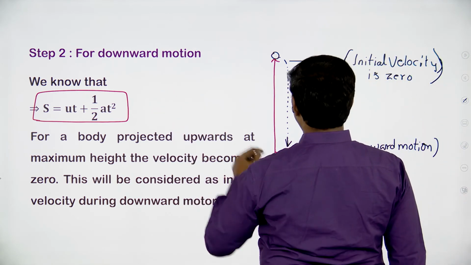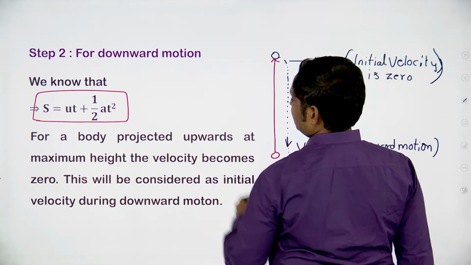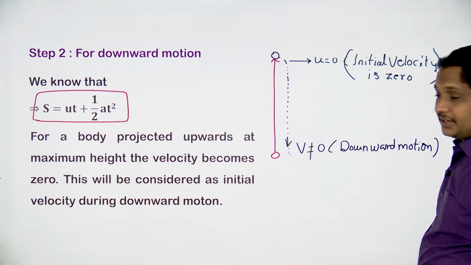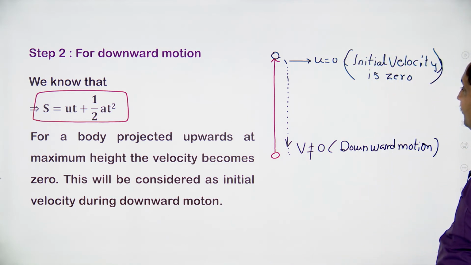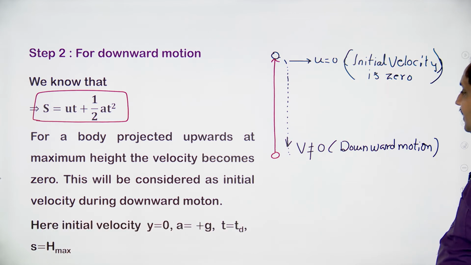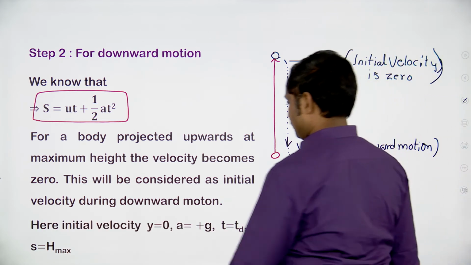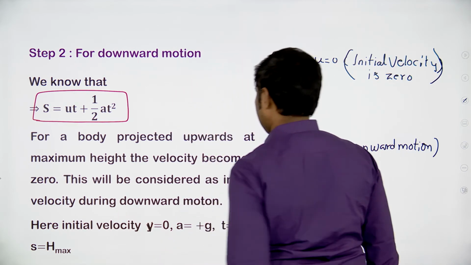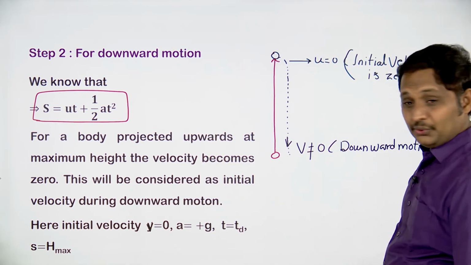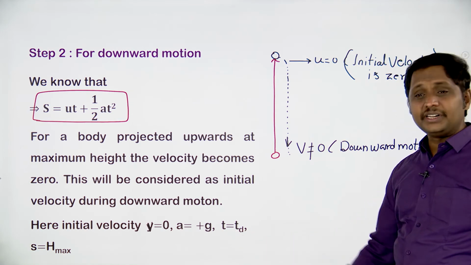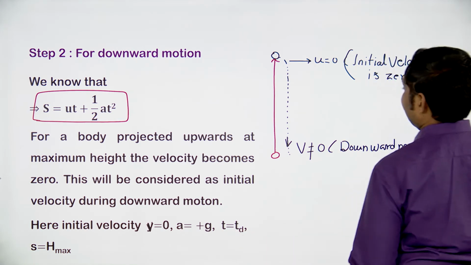This is very clear. Let's go for the substitution part. Here the initial velocity is going to be 0, and A is equal to plus g. T is equal to TD, the time of descent.